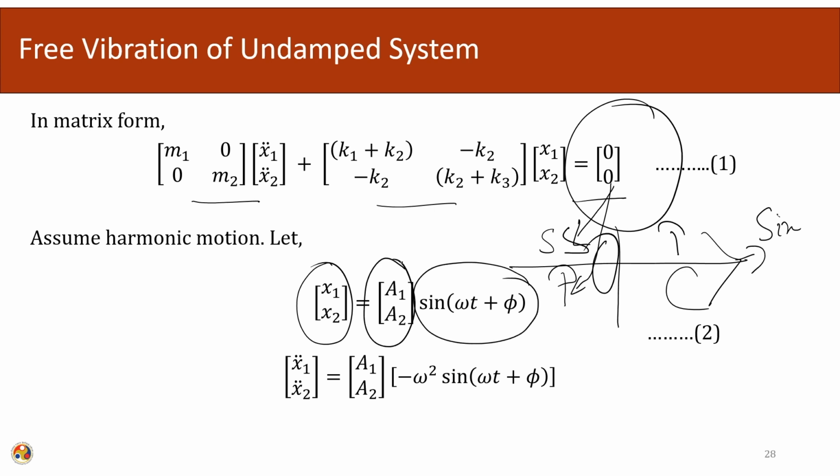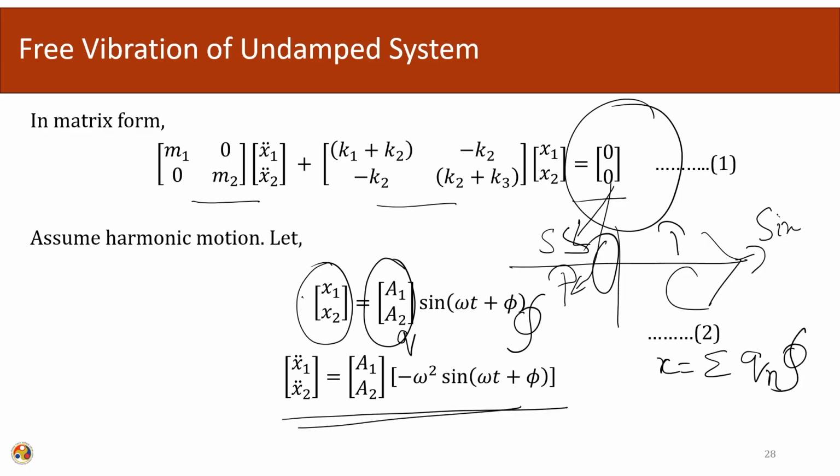So, this one we assume is coming from the shape function. This is coming from the shape functions phi and this is from the time dependent part q. So, each degree of freedom will be a summation of the time dependent part coefficient and the shape function. So, this was the displacement function, or the degrees of freedom function, and then we write down the acceleration component of the system.